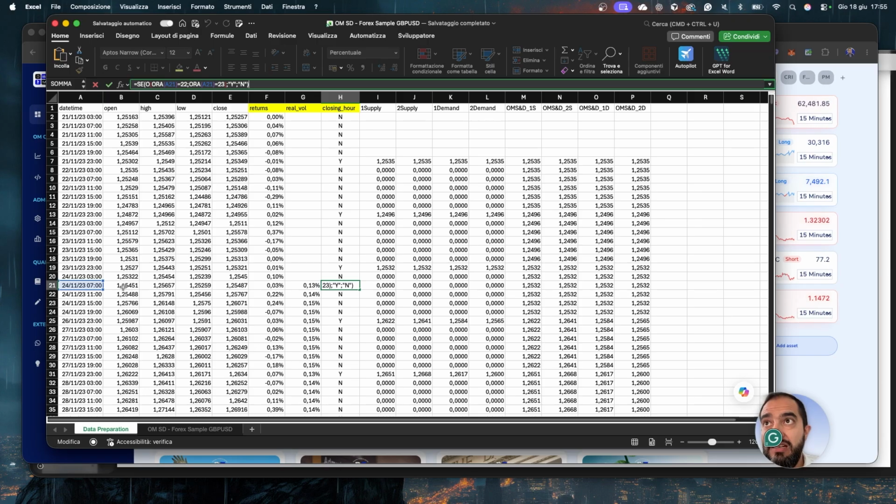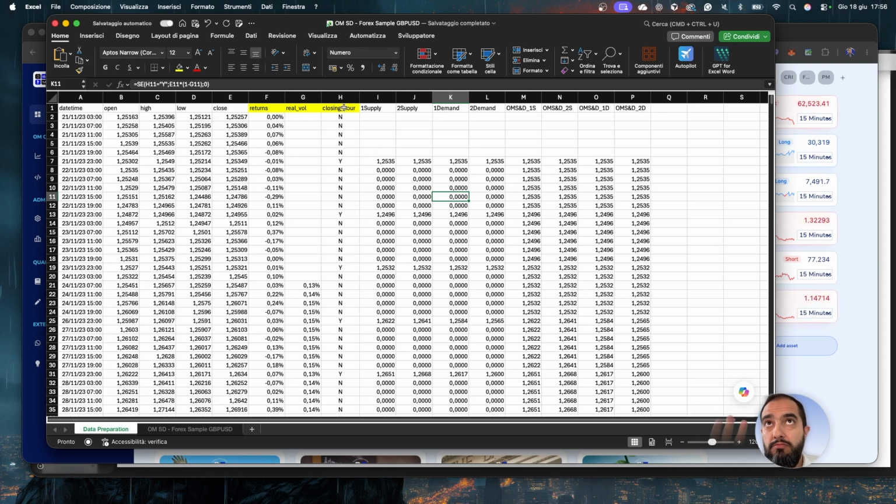If the hour in the date time column is 22 or 23, it means I have a closing hour, so I write a Y for yes. On the other hand, if it's not, then it's an N for no. And then I drag and drop to all the remaining cells.